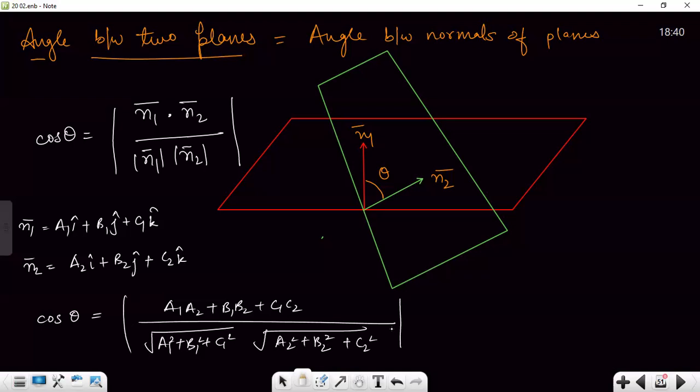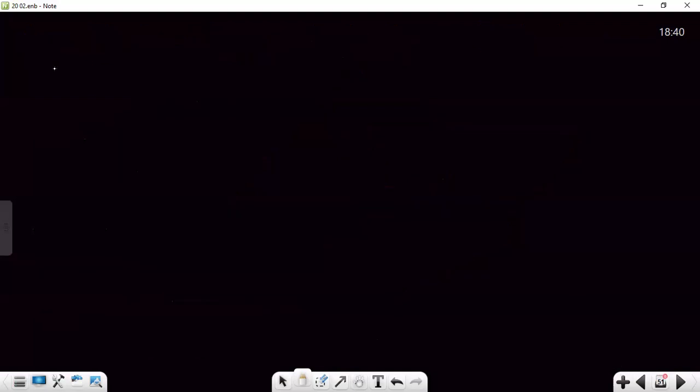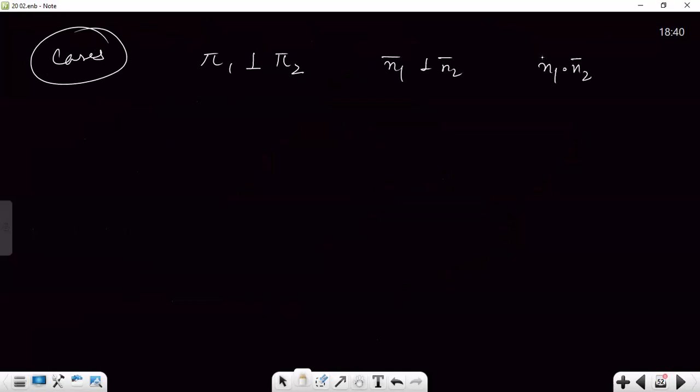When we are discussing Cartesian forms, now come some important cases. Two planes will be perpendicular if their normals are perpendicular, and if their normals are perpendicular, the dot product will be 0. Written in Cartesian form, A1 A2 plus B1 B2 plus C1 C2 becomes 0.